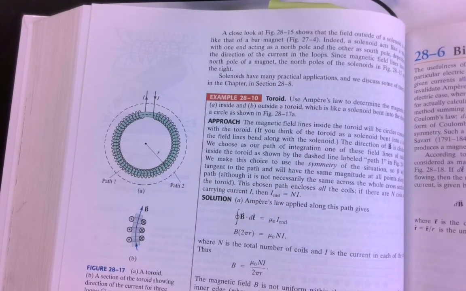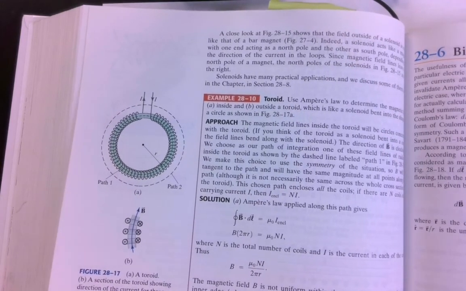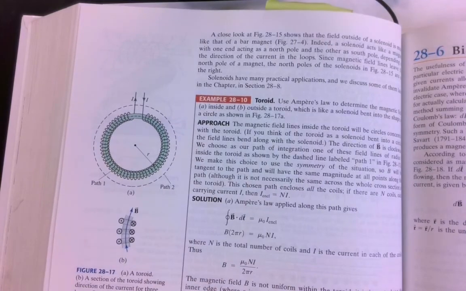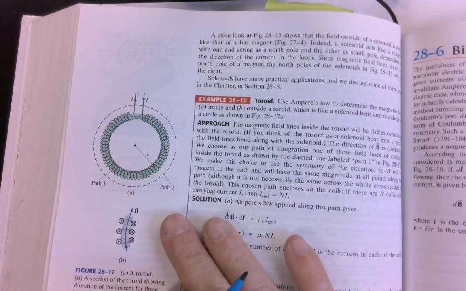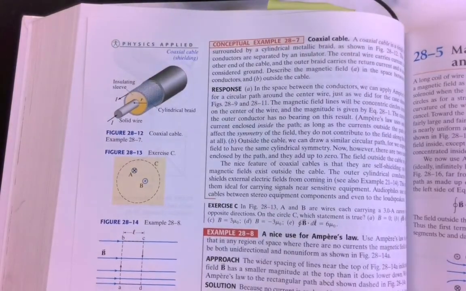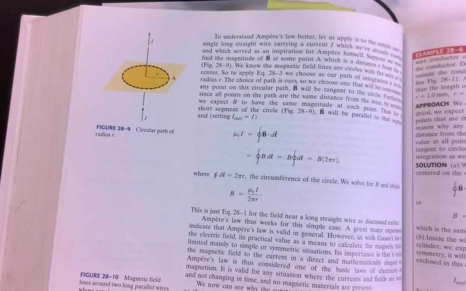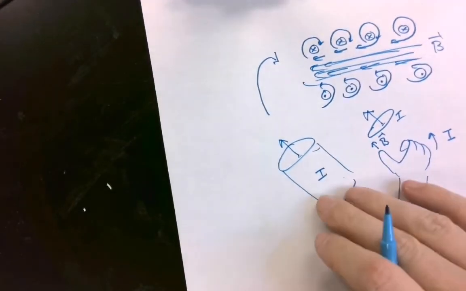Maybe I'll do an example of the toroid, or I'll just ask you to read through example 28-10 yourself. Notice there's not a whole lot of calculating. We'll see if we can do a couple of homework problems with Ampere's law, but I think that's really all we want to say about magnetism in terms of wires and charges.